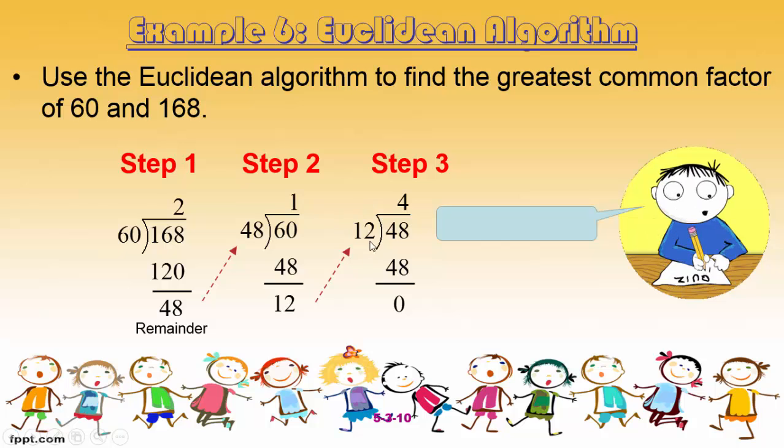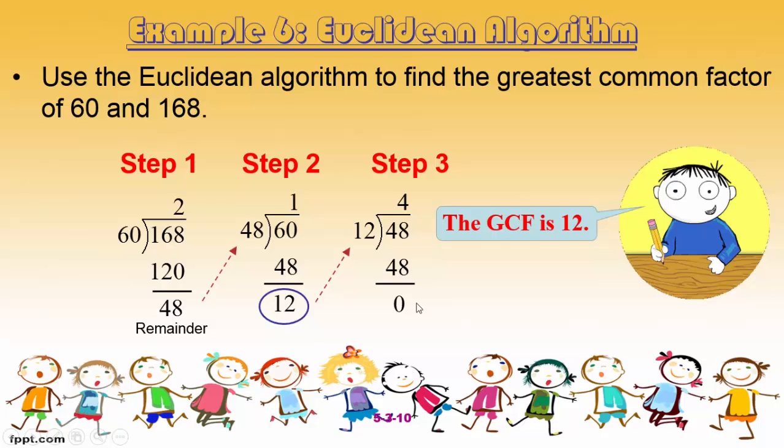Then I took 12 and divided it into 48, and I found that 12 goes into 48 4 times, and 4 times 12 is 48, so when I subtracted the two, I got 0. Thus, my greatest common factor is 12, since 12 was my last remainder. My greatest common factor of 60 and 168 is 12.